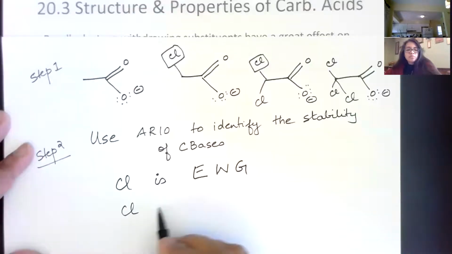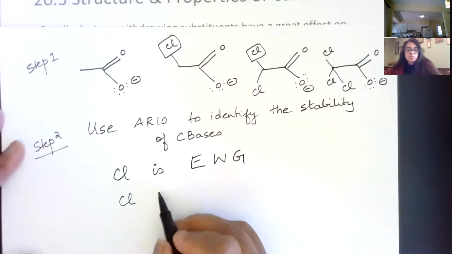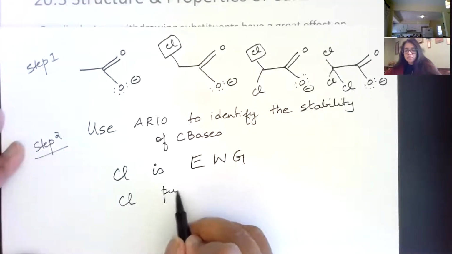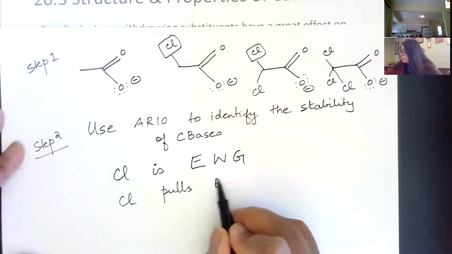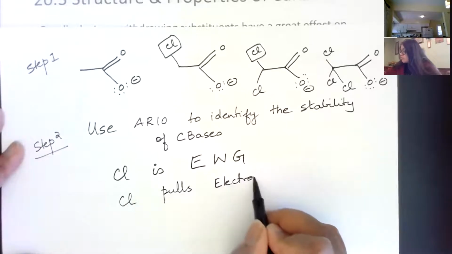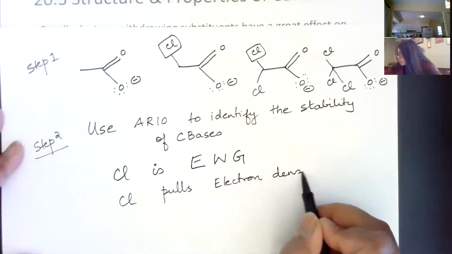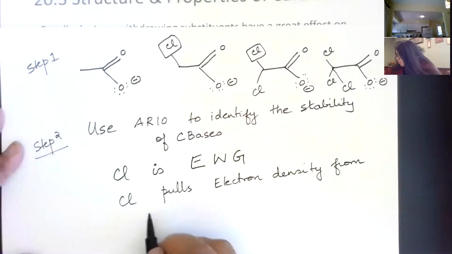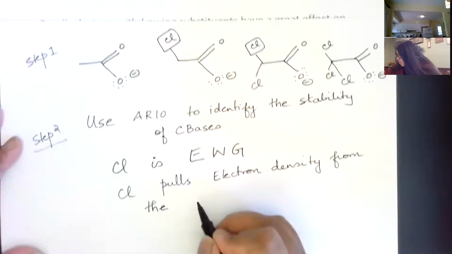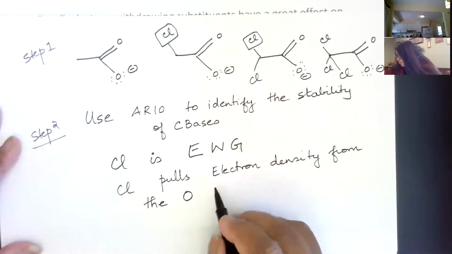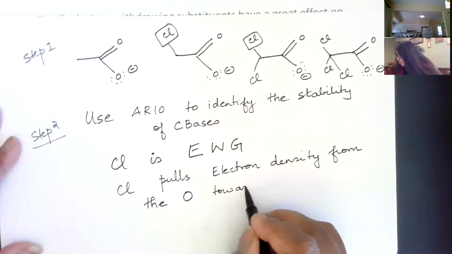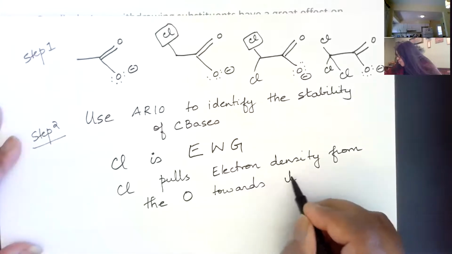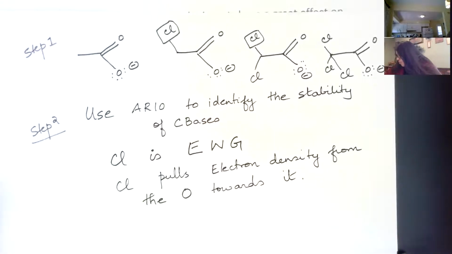Okay, so that's right. Cl pulls electron density from the oxygen towards it. Okay, that part is right.